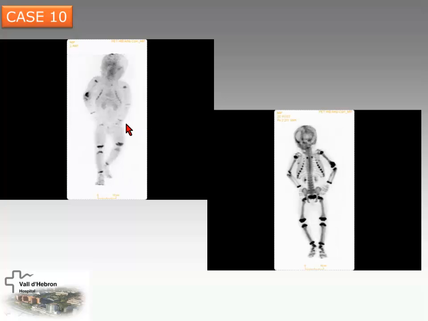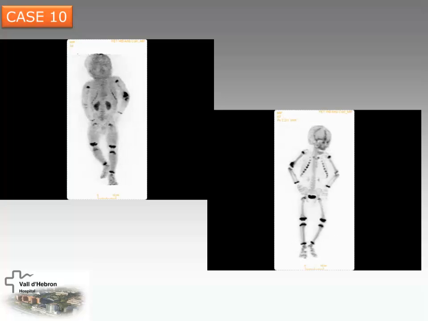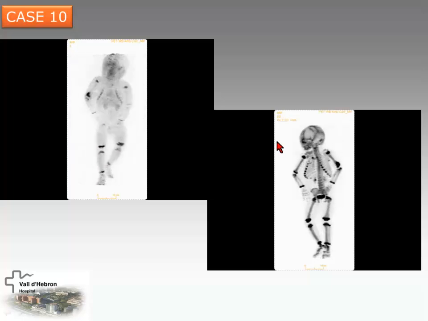Half a millicurie of fluorine. Images obtained during the first 3-4 minutes of the whole body without CT, and images obtained 45 minutes after the injection. Here we obtained these images with 1 minute per bed, and here 3 minutes per bed.